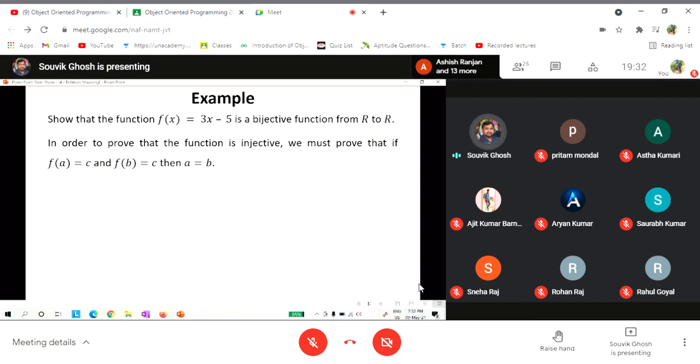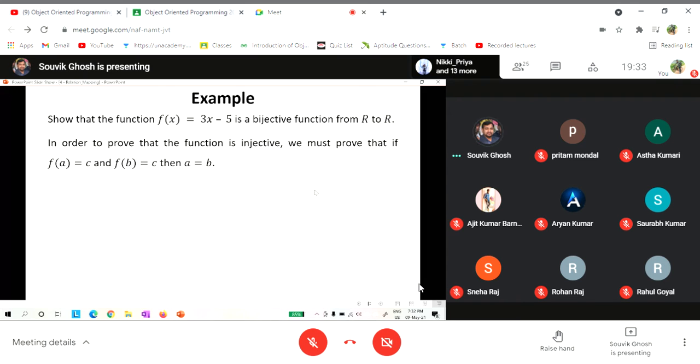Then we show that this only happens when these two elements are equal, that is, the elements we assumed to be different are actually the same.